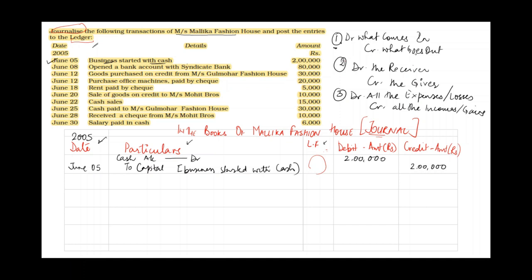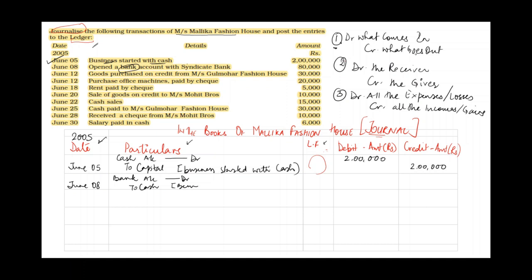Okay, now I move to the next one. I've completed this. Now June 8th, opened a bank account with Syndicate Bank, 80,000. So Malika Fashion House is depositing cash in the bank. So cash is going out, but bank is increasing. So the accountant will say bank account debit to cash, right?